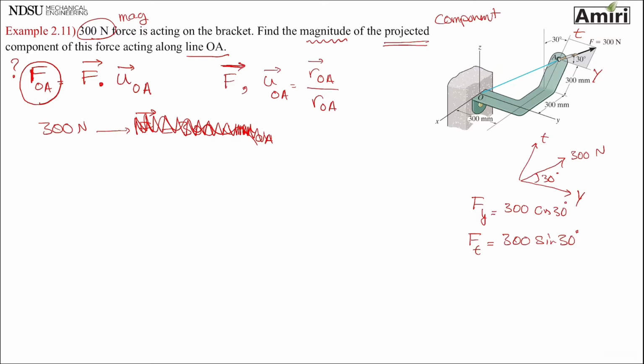So now let's look at the x and z plane. X and z, and this axis t has an angle of 30 degrees, and I just found Ft to be 300 sine 30.